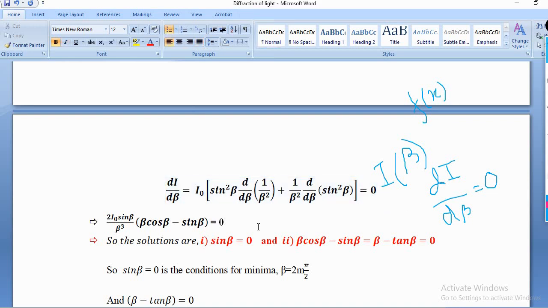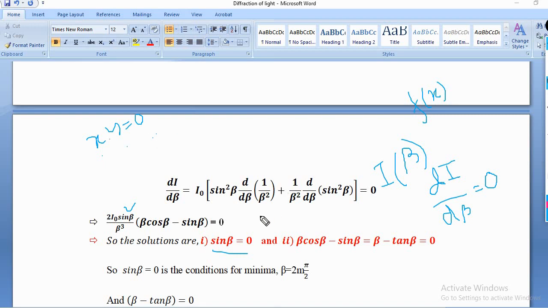Now if you rearrange this, this will be 2 I0 sine beta divided by beta cube, times (beta cos beta minus sine beta), is equal to 0. So one can write the solution as: it's in the form of x into y equal to 0, so either x equal to 0 or y is equal to 0.